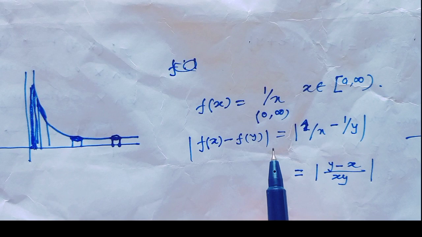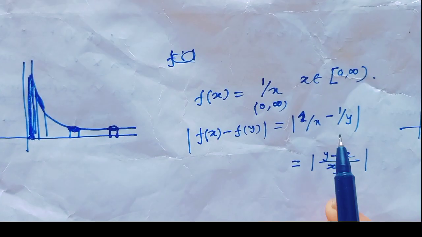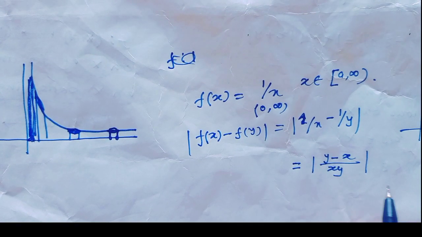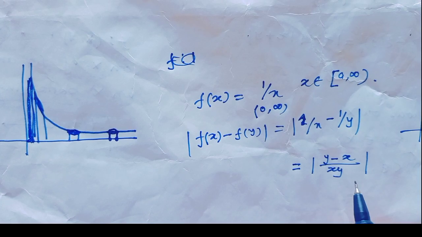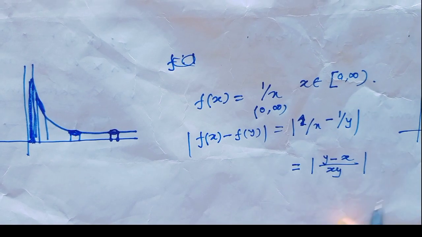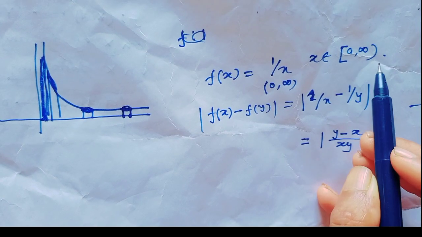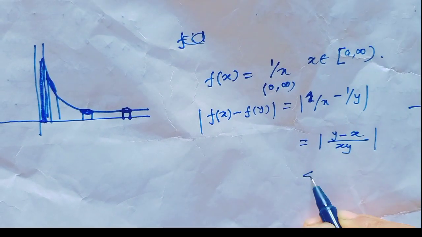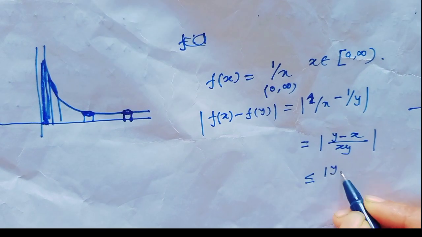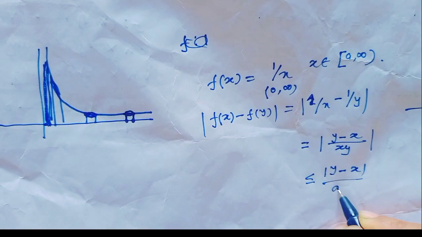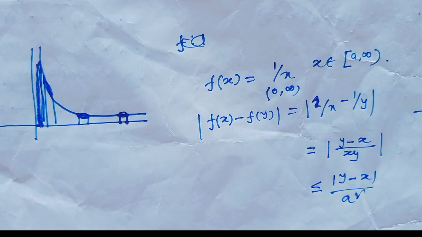Absolute value of f(x) minus f(y), which is equal to 1 over x minus 1 over y, and this is equal to absolute value of (y minus x) over xy. And since here x belongs to [a, infinity), therefore this is less than or equal to absolute value of (y minus x) over a square.